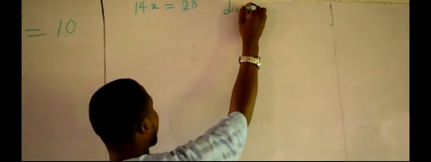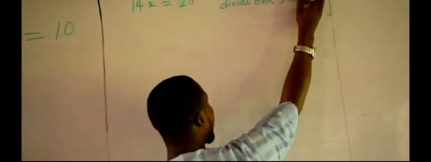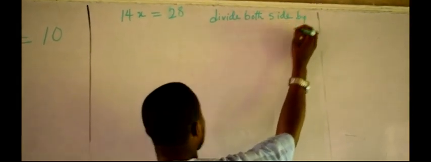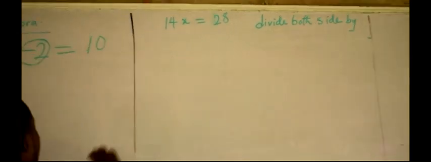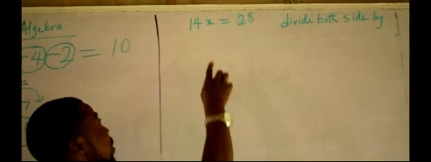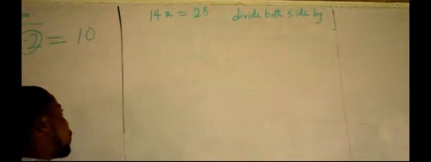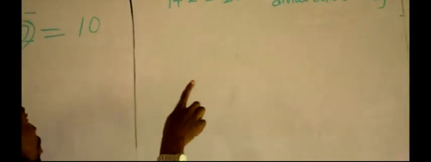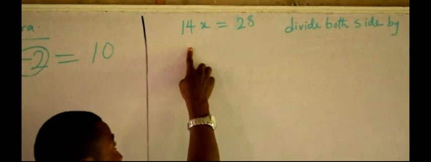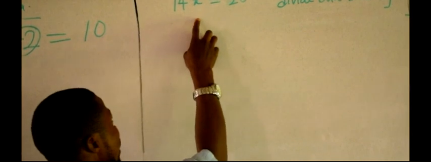Let me write it. Divide both sides by the number behind the letter. If you have a case like this, you will divide both sides by the number behind the letter. That is, the number behind x here is 14.